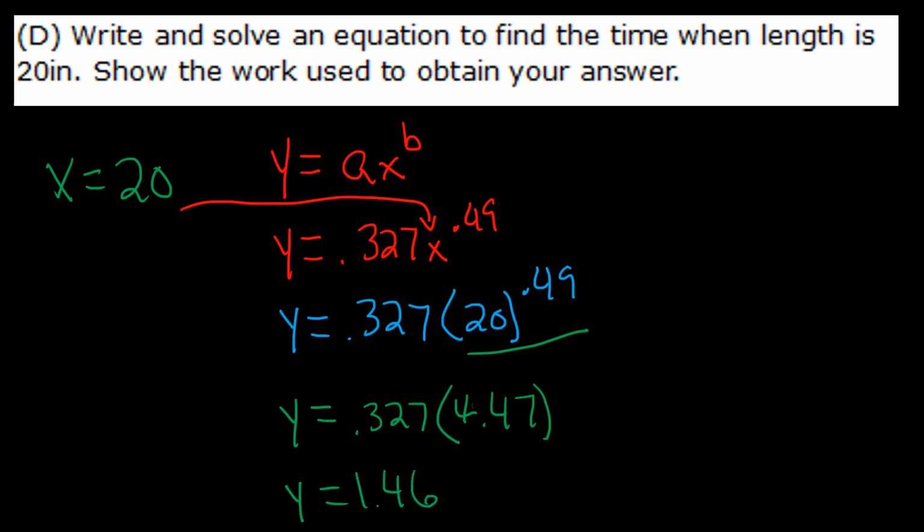So this is our time. So again, we take the same equation from part A, and we're putting that into this part for D. We're given an x, and we're solving for y. All right. Let's go ahead and move on to the next one.